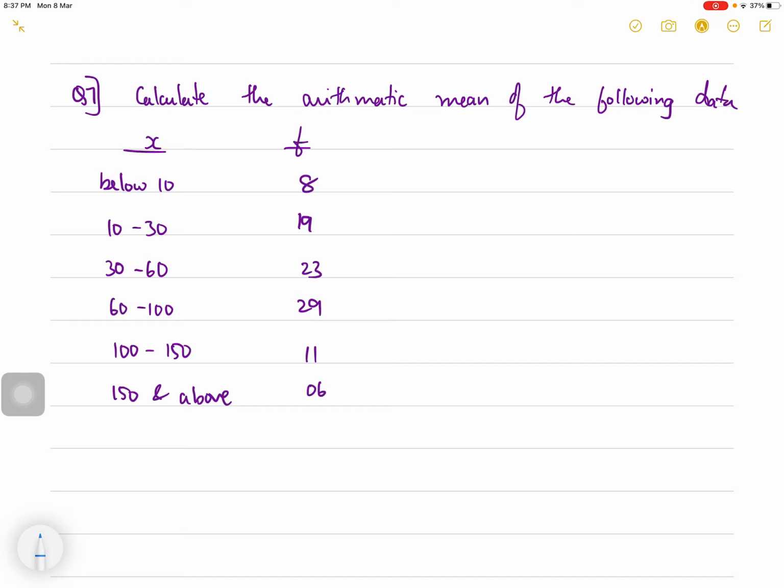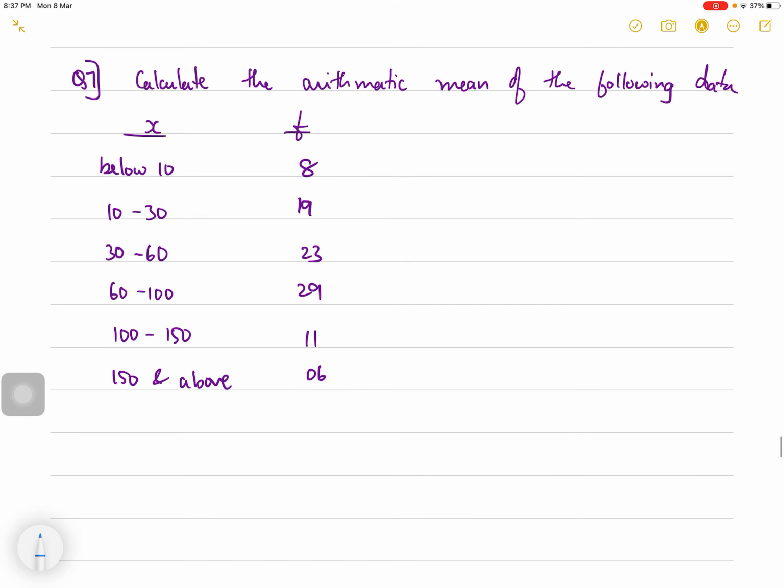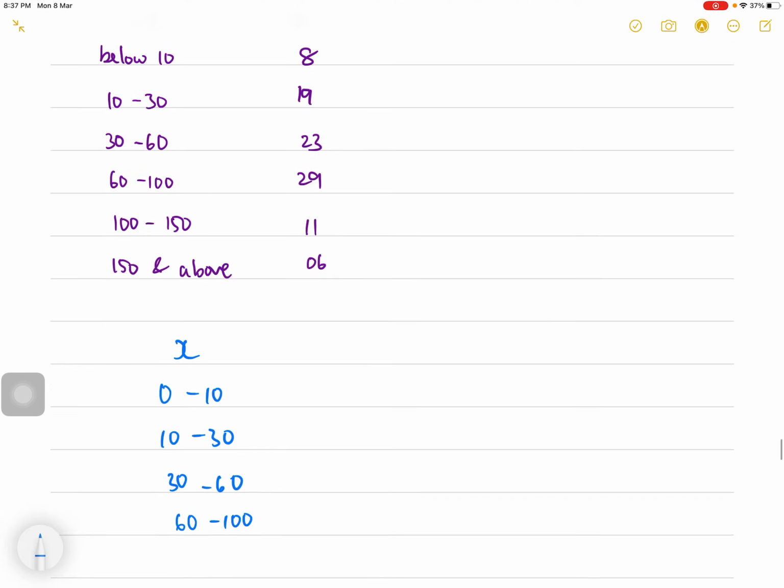So here what is happening? I'll write it once again. X is below 10, which means 0 to 10, right? It's never negative. And then 10 to 30, 30 to 60, and then 60 to 100.